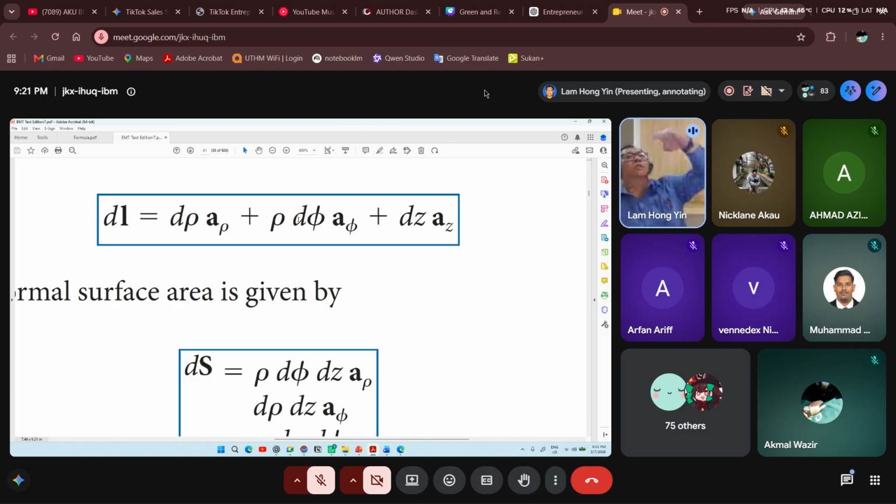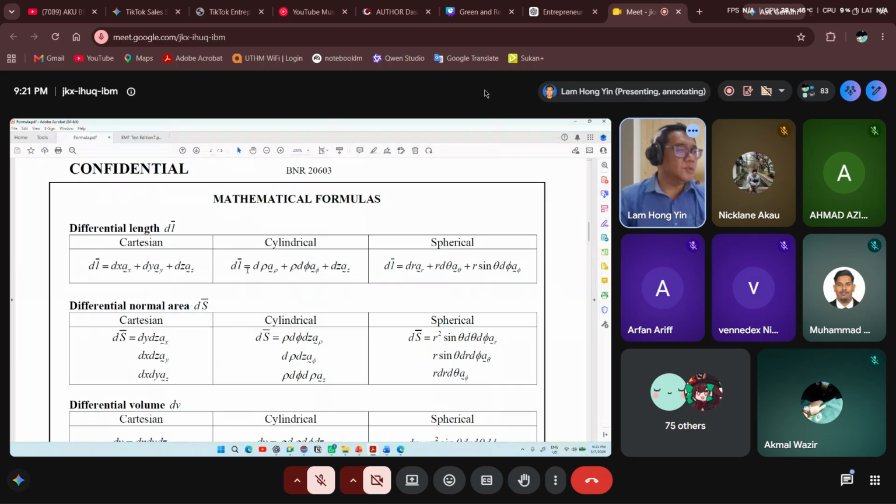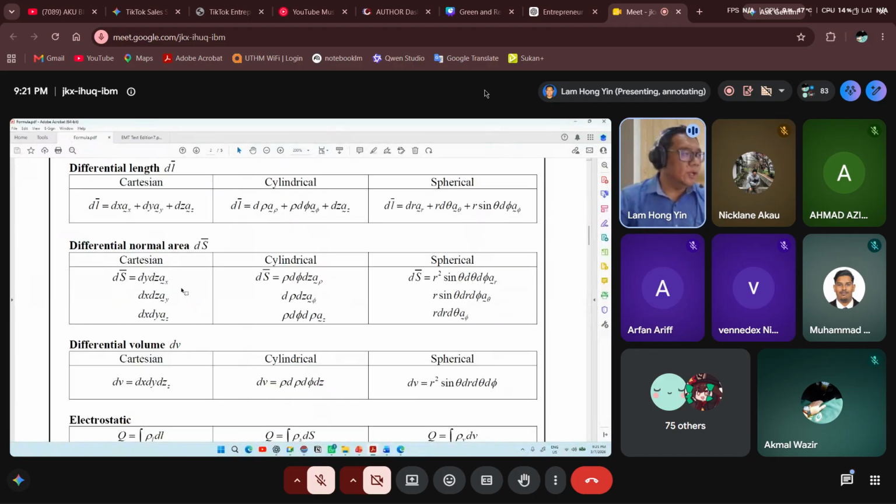Or you have a change of the height of the cylinder, dz, right? This one you don't have to memorize. It is available over here as well. Same for the spherical. So all the dl is available, and dS also you don't have to memorize. You have the surface and you have the volume, depending on which coordinate system you want to use. So if you forget this, just refer back to the formula sheet. You don't have to memorize.